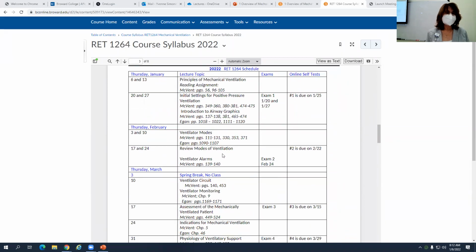On the lecture schedule, I put in the page numbers where you'll find the information in the textbook. So if it says McVent, it's referring to David Shelledy's Mechanical Ventilation textbook. So the numbers are all over the place. It's not like this week is chapter 1, next week is chapter 2. So you'll need the course syllabus to know what page numbers to reference.